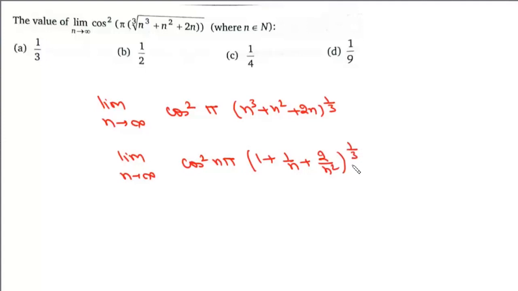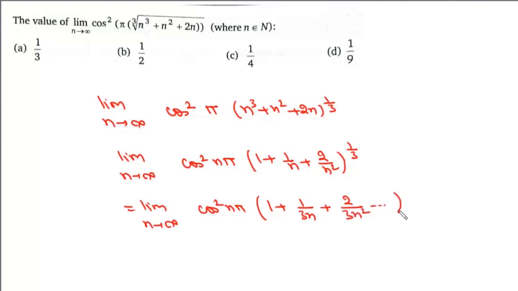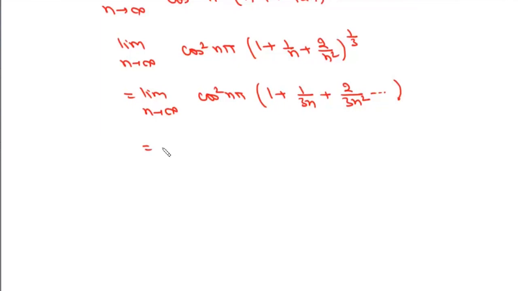Now what we'll do is, we'll use binomial expansion. So we'll write this as limit n tends to infinity cos square n pi, and here it will be (1 plus 1 by 3n plus 2 by 3n square plus higher powers of 1 by n). Now we'll write this as limit n tends to infinity cos square of (n pi plus pi by 3 plus 2 pi by 3n).